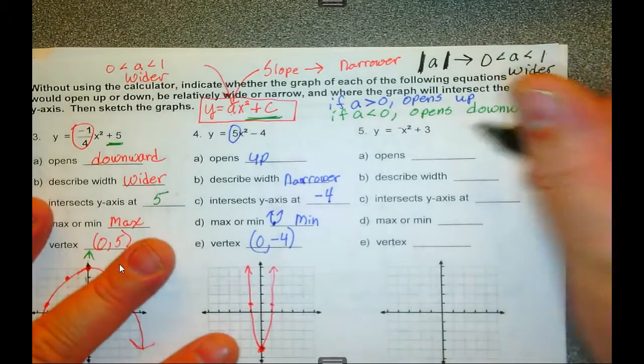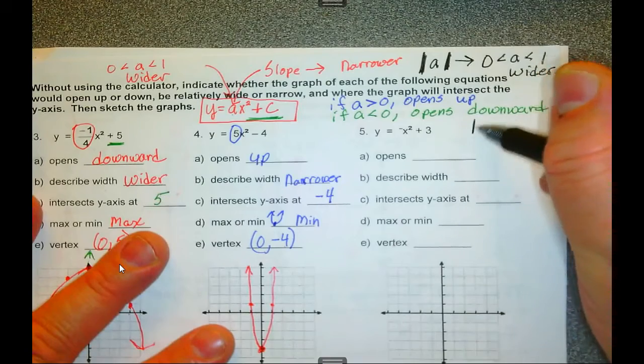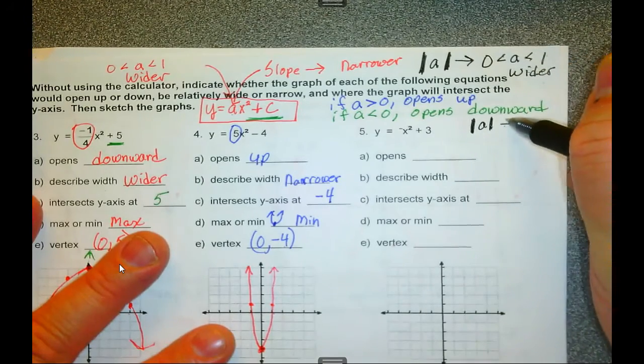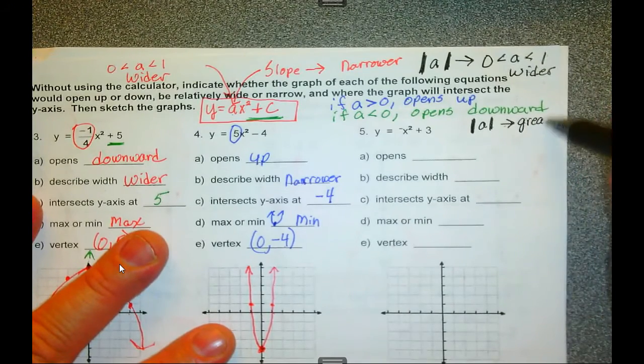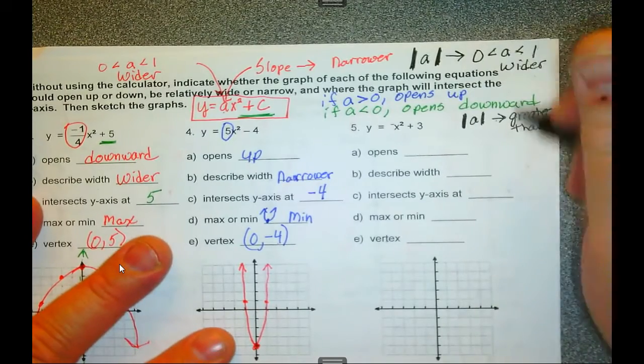Okay, if the absolute value of a is greater than 1, what happens to my parabola? Narrower.